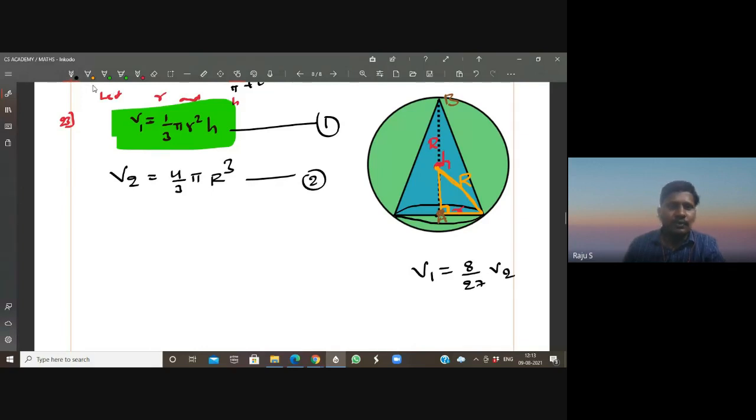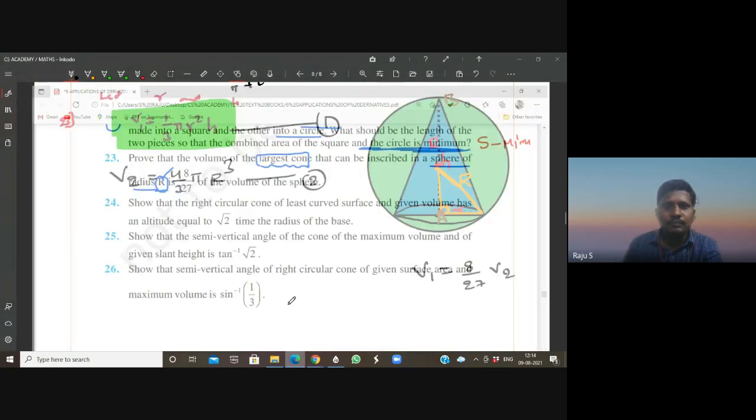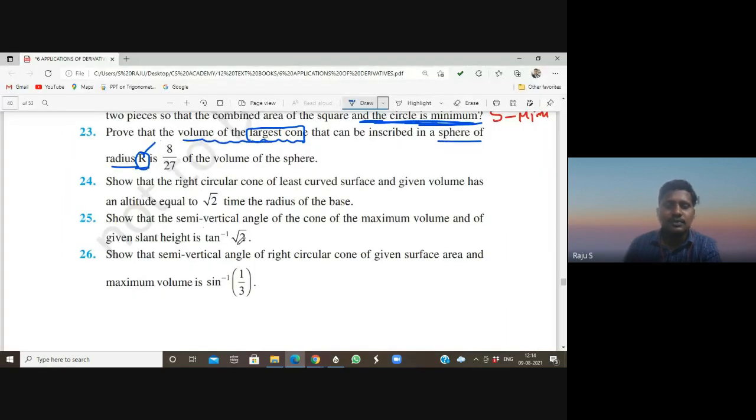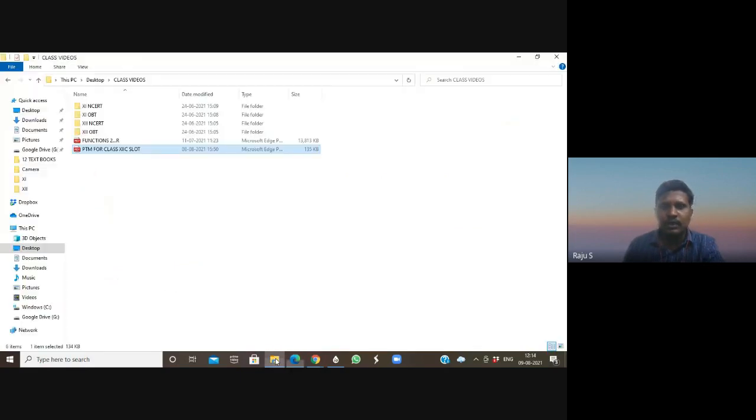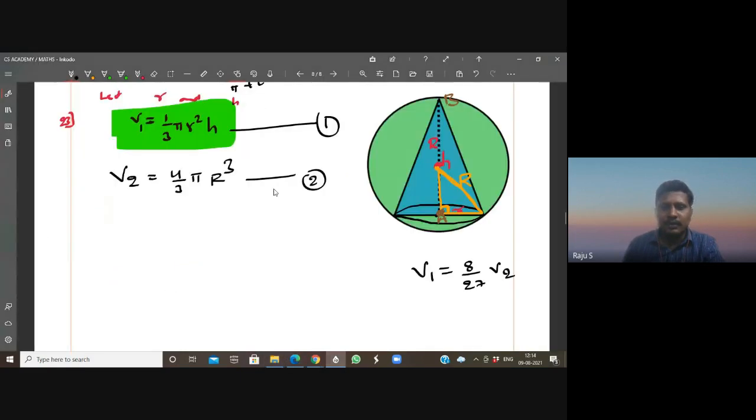So before that, we have to prove that the volume of the cone is maximum. See, the volume of the largest cone is maximum. For that, what shall we do? Here two different variables are there. What are they? R and H. We don't have any procedure because if you change any one of the variable values, the volume of the cone will change.